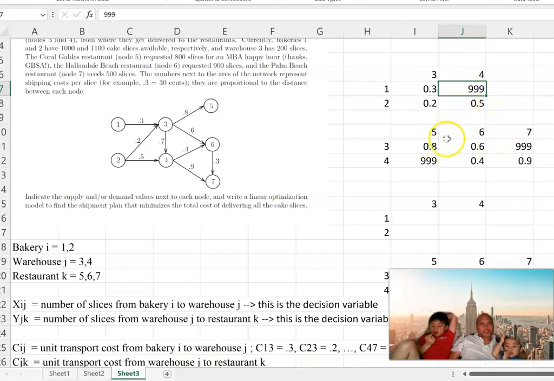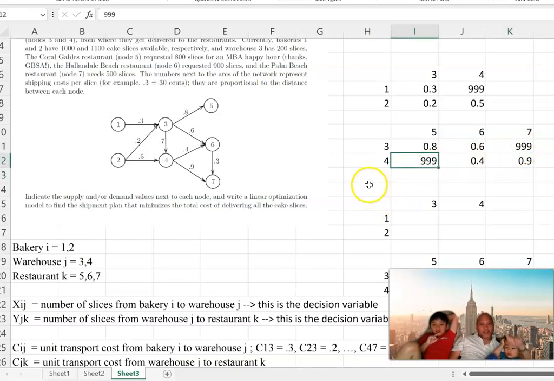All those that are impossible, I'm going to put a big number. This is not the only way of doing this, but I find it a very ingenious way of saying that this is not possible. I'm going to put a big enough number in here.